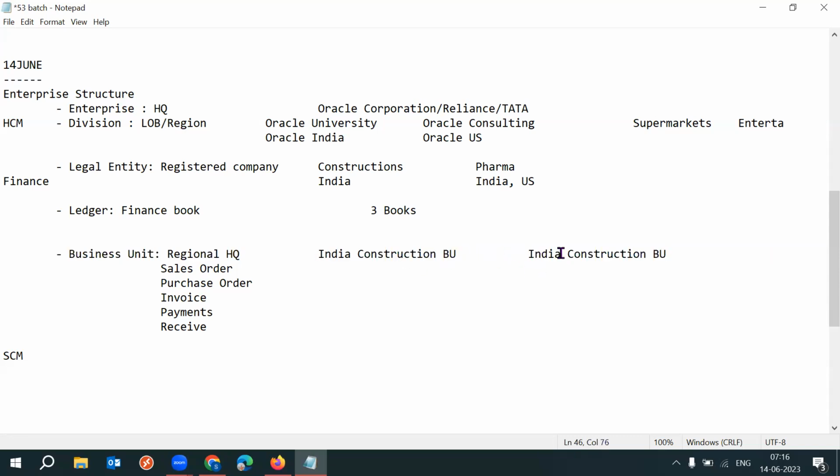I need two BUs: India constructions BU and US constructions BU. So for every country, one BU we create, and for every line of business also one BU. And if you are into pharma also, you can have India pharma BU and US pharma BU.